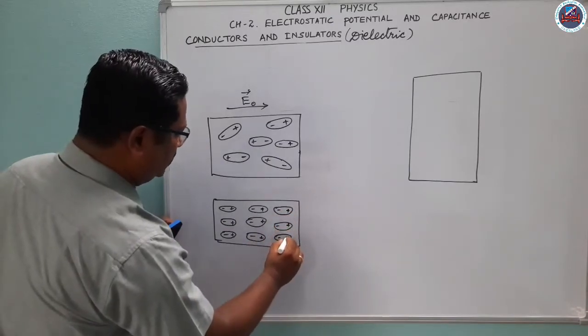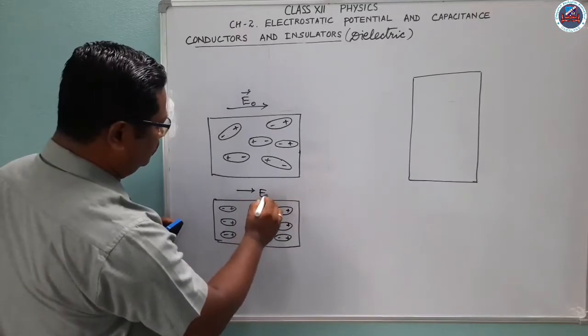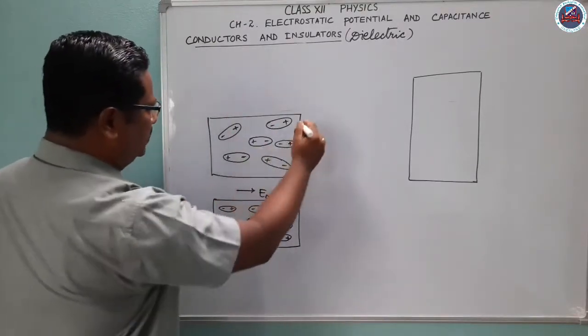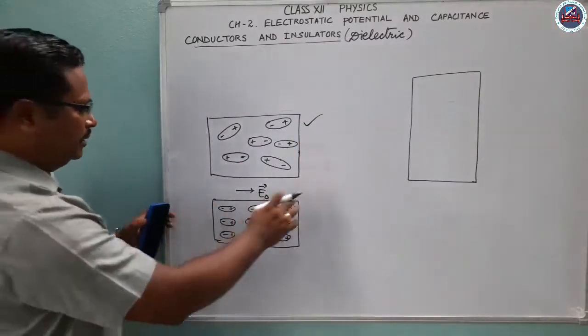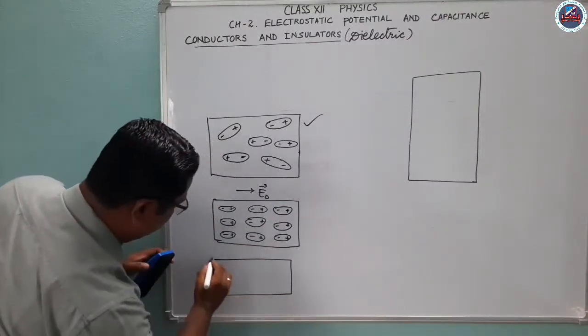Like this they will rearrange themselves once you apply the electric field. This is without the application of electric field. It will look like this in normal condition. Once you apply electric field from outside, they will rearrange like this. So this one we draw somewhat this way.